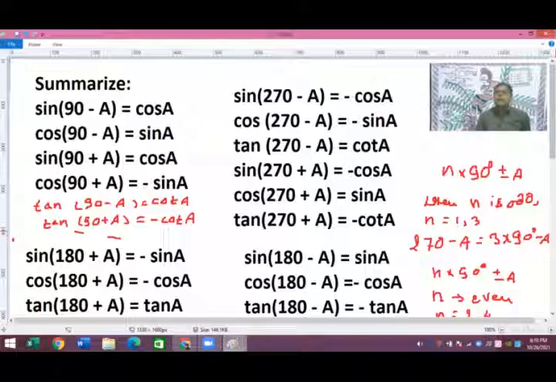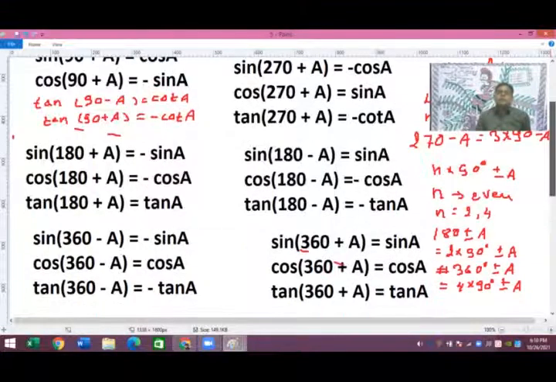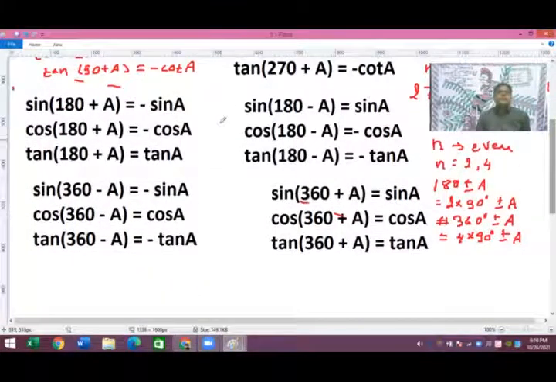But if n is even number, then sine remains sine, cos remains cos, and tan remains tan. That you can remember, but you have to take care of the sign of the resulting trigonometrical ratio value. It depends on which quadrant that particular ratio lies in. Okay, so this is all about it.